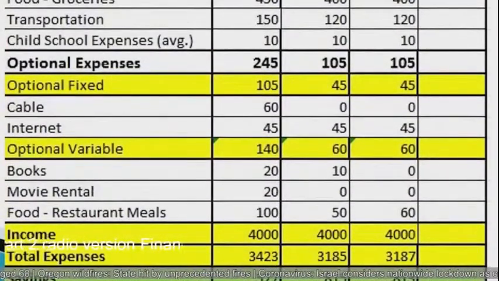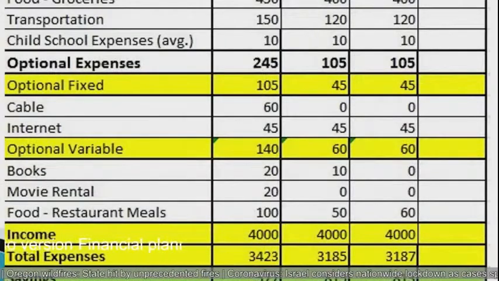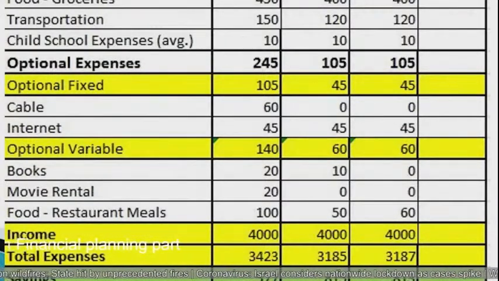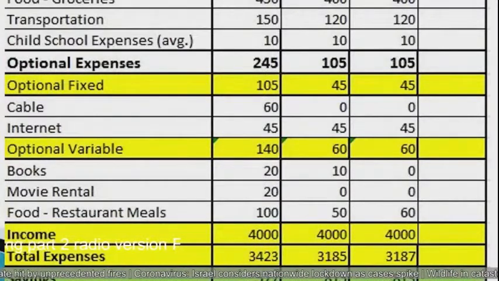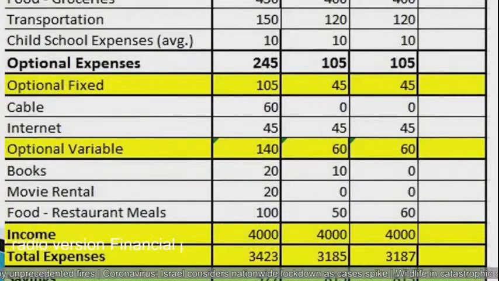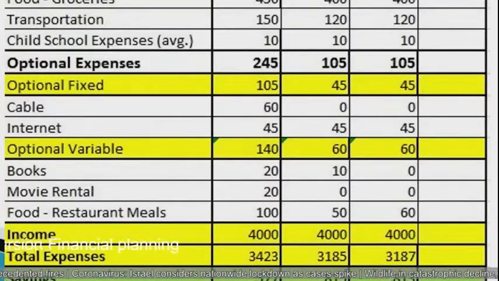Optional variable, books, which was $20 last month, this month they decided to reduce that to $10 US. And movie rentals, they decided let's cut out the movie rentals for now, because we can watch movies on the internet as well. And where they had spent $100 the previous month for food and restaurant meals, so going out, they reduced that this month to $50 US.